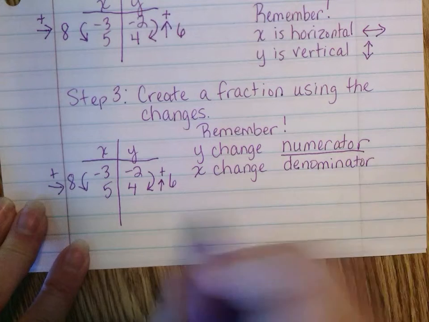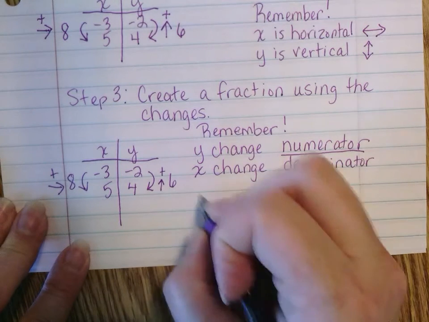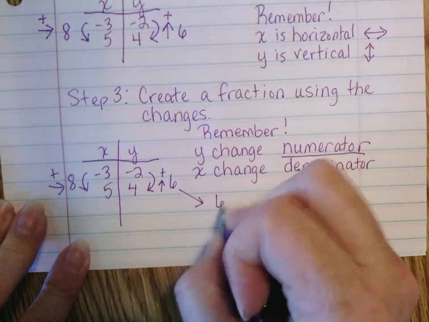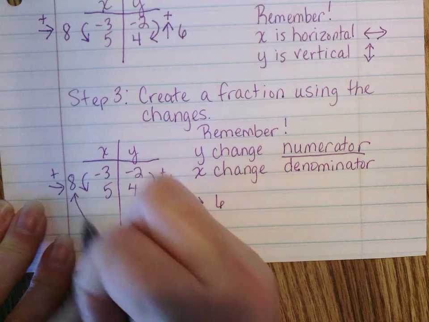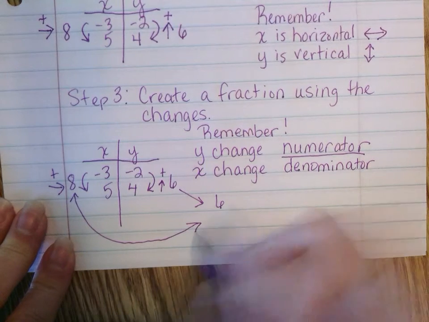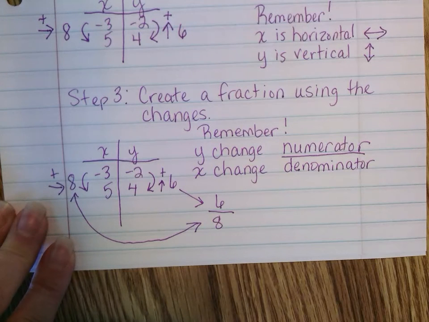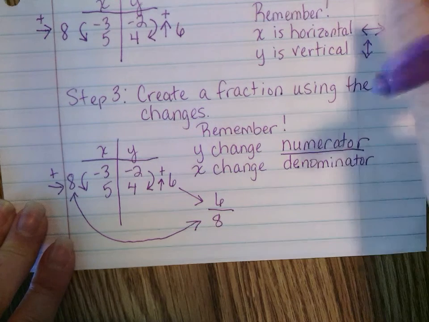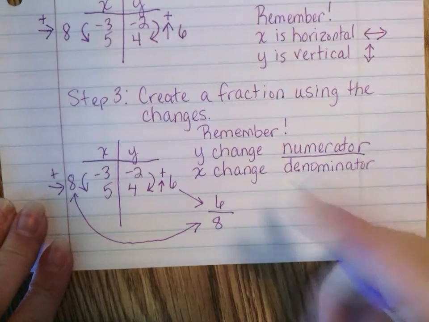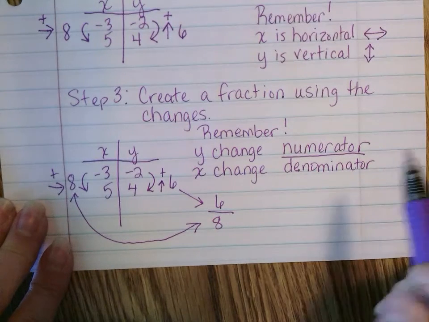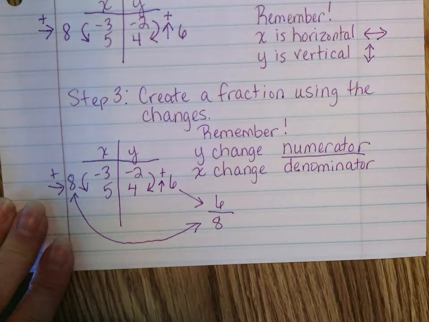So our numerator is the 6, and the denominator is the 8. You guys, this is a rate, but we're not quite finished.